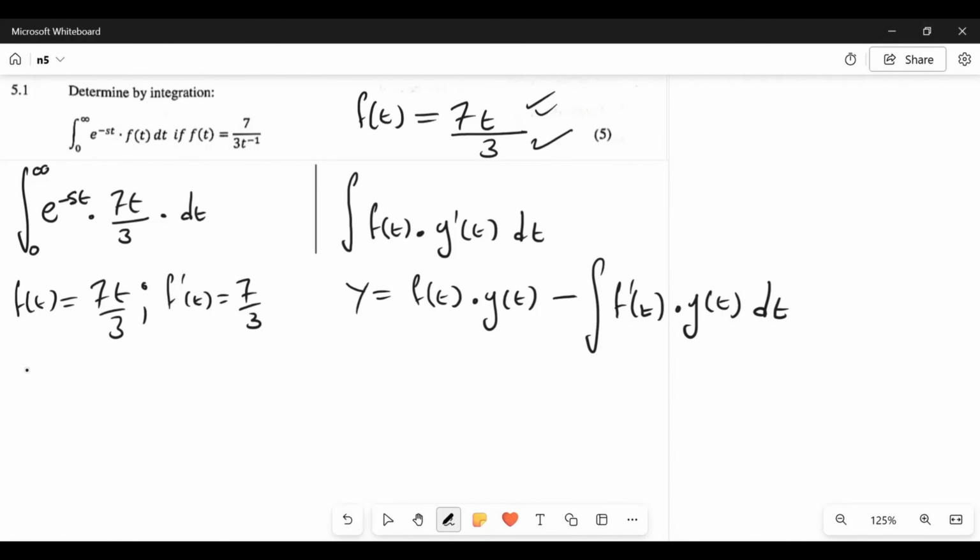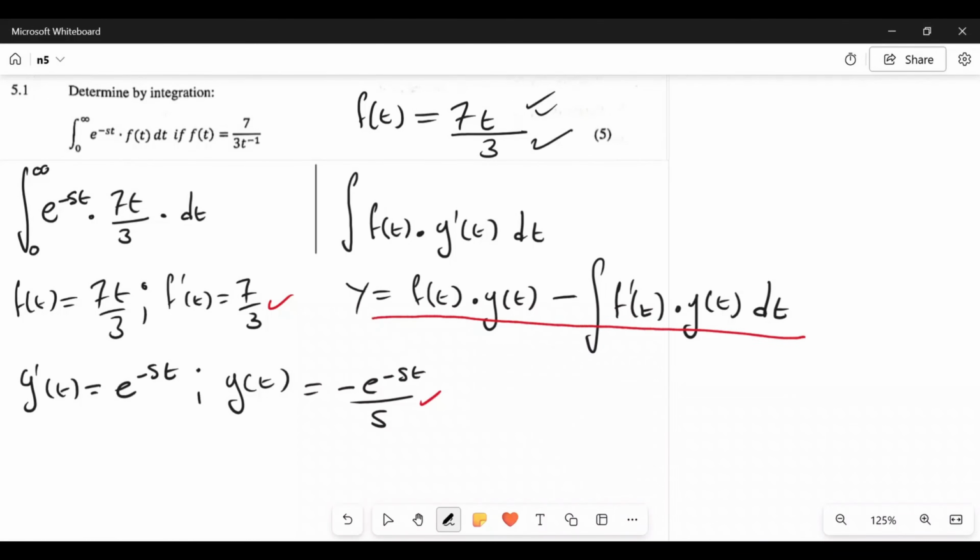And then we have g of t prime, which is e to the power of negative st. When we integrate this, this is going to be g of t, which is negative e to the power of negative st divided by s. There's no need for you to add c here after integration, because this is actually a definite integral. So with this, we can substitute them into our formula for integration by parts.